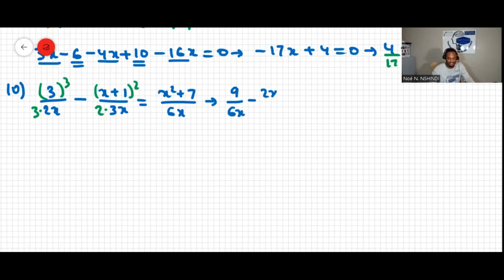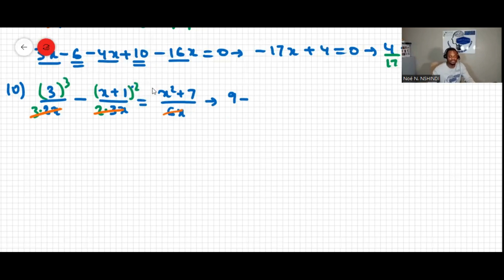Now that we have a common denominator, we can just drop the denominators, and then we are left with 9 minus over here. We need to take into account that we do 2 times. This is not the power, it's just 2 times that. So let me put the dots there so we don't confuse.